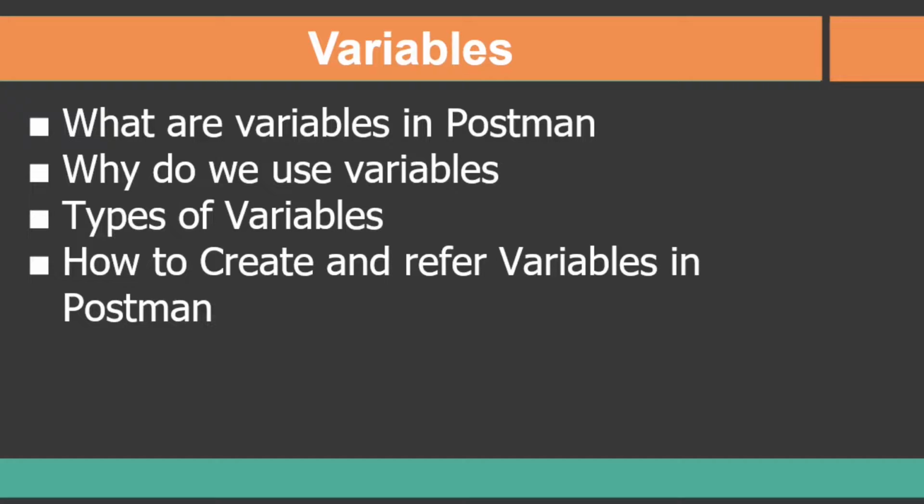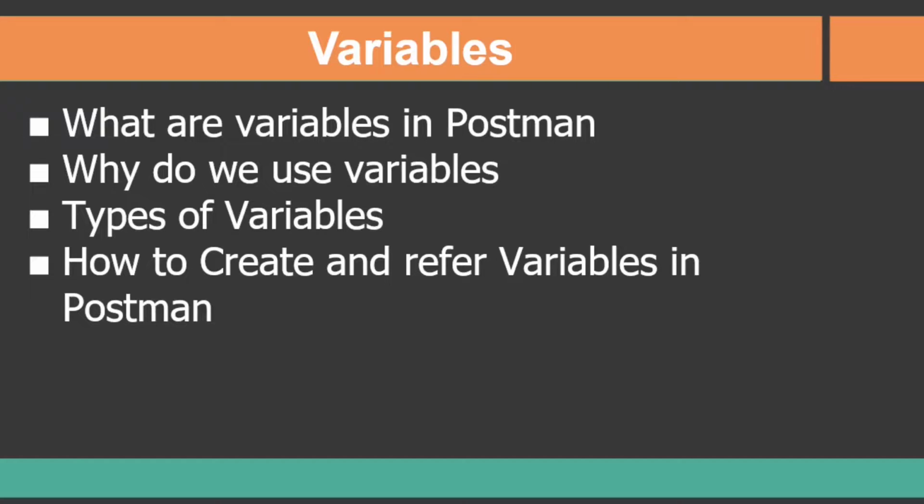And why do we need these variables? Because by storing values in a variable, you can reuse them in multiple places and multiple times. So you need not declare the value multiple times. You declare it once and use the variable in different places. That is the reason we use variables.